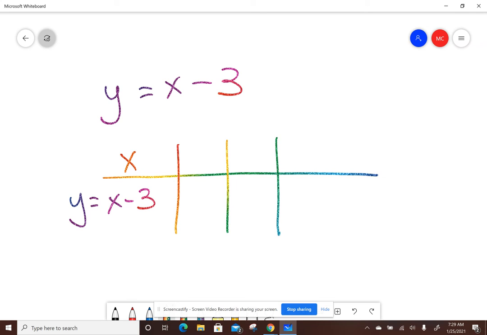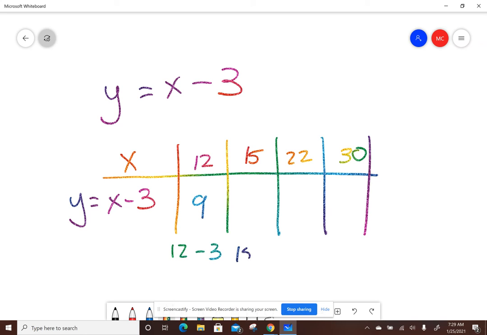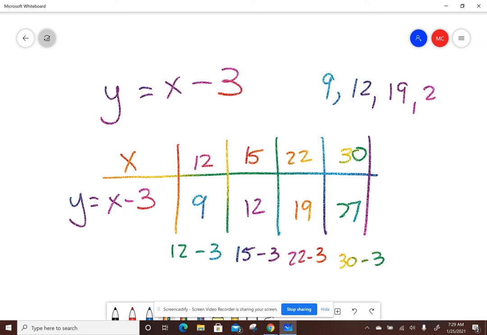So I plug in values for my domain, and I say this is 12 minus 3, which is 9, 15 minus 3, which is 12, 22 minus 3, which is 19, 30 minus 3, which is 27. So the range is 9, 12, 19, and 27.